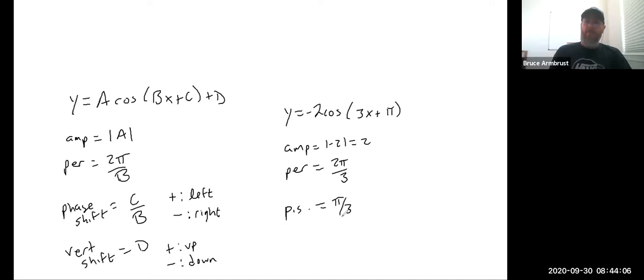But it is important that when you have a phase shift, you describe which direction it goes. I know that some books and things will attach a sign to it, a plus or minus sign to it. If you are someone who learned that way, this should be a negative, right? If you're not, you should just say, okay, it's a pi over 3 to the left because of that addition. And that definitely matters.